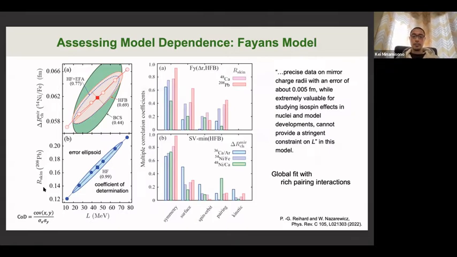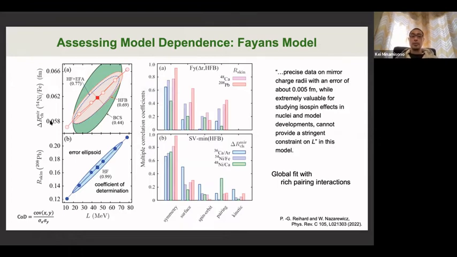If you look at the result for the skin, it shows an almost one-to-one correlation, a very, very strong correlation between skin and L. However, once they calculate the correlation for the mirror charge radii, let's look at the orange or the pink ellipsoid, they see a looser correlation. The coefficient of determination is only 0.7 compared to 1.